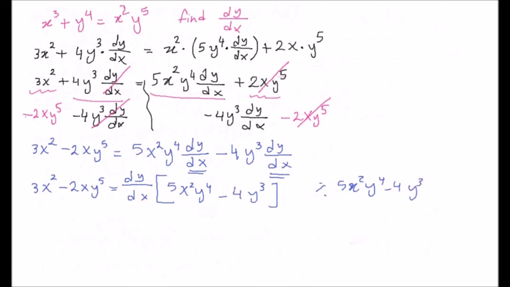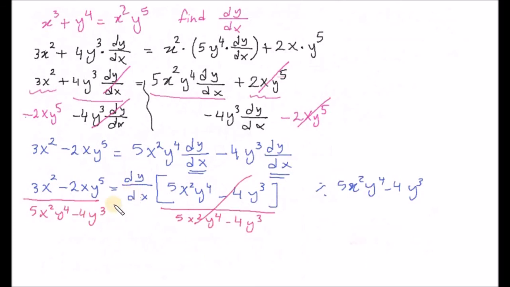If I do that, I divide this side by 5x to the second y to the fourth minus 4y cubed, and I'll divide this side by 5x to the second y to the fourth minus 4y to the third. These will cancel. You will have dy over dx by itself is equal to that side.